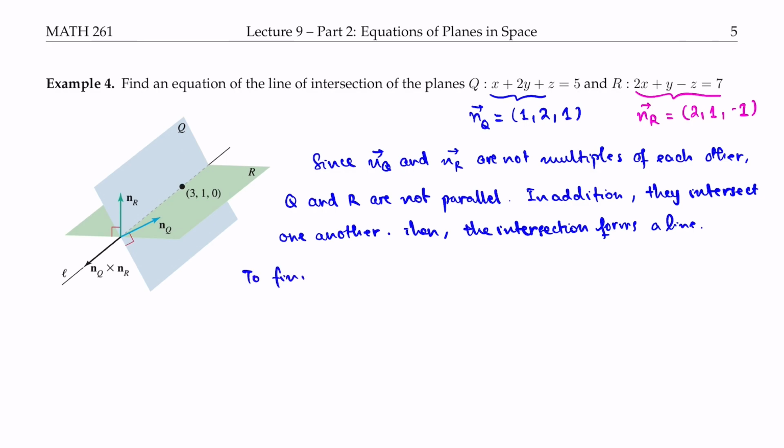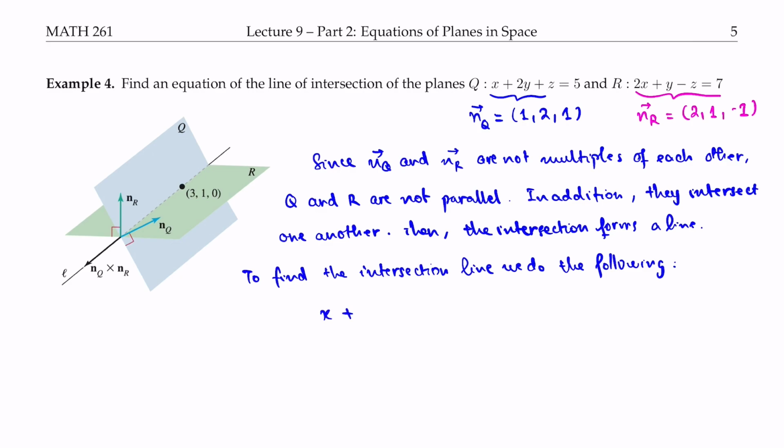You move the constant to the left-hand side in both equations, and you have a system of equations as follows.